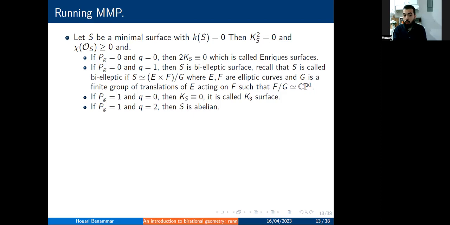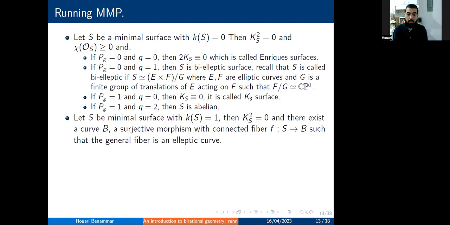There is no minimal surface of Kodaira dimension 0 with geometric genus 1 and irregularity 1, so I skip this case because there is no surface which verifies these properties.